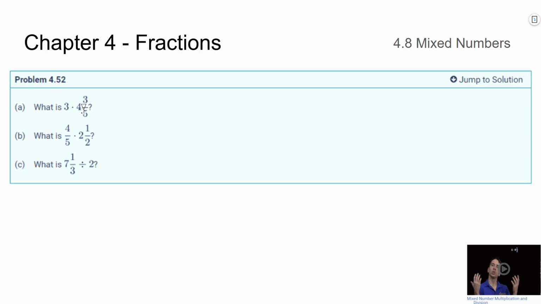So again, 5 times 4 plus 3, we'd have 3 times 4 times 5 is 20, plus 3 is 23 over 5. And so now we know how to do this. Now we just do 3 times 23, and 3 times 23 would be 69 over 5.